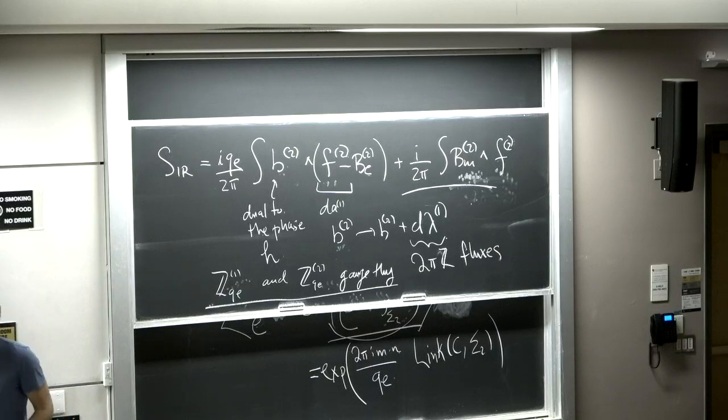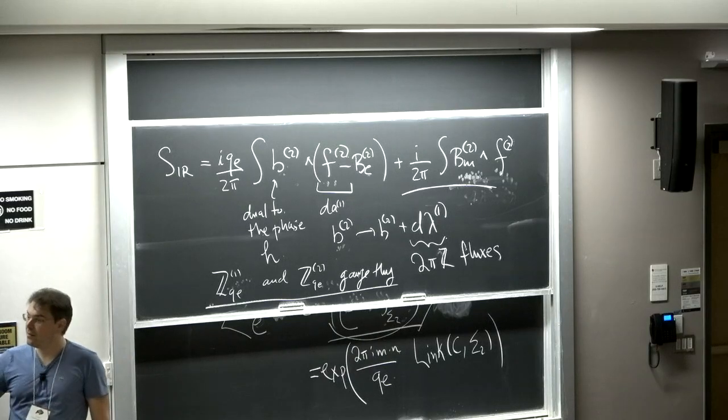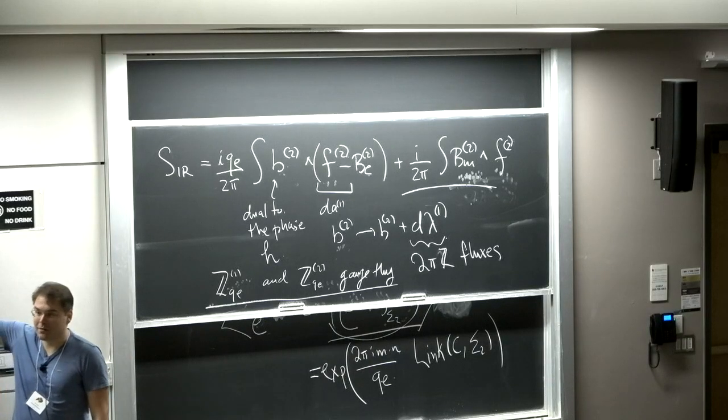And this is a fun exercise because what you'll see is that when you gauge a ZN subgroup of the U1 magnetic, you'll land on the same model, except that two things will change. First of all, the electric coupling, E, will be multiplied by a factor of n. And secondly, the charge of the field H will be multiplied by a factor of n. So by gauging a ZN subgroup of the U1 magnetic symmetry, you can relate models with different Q, with different electric charge.